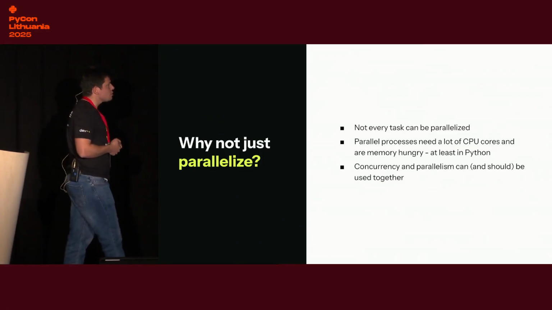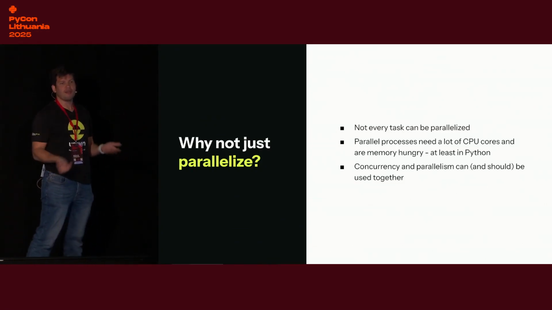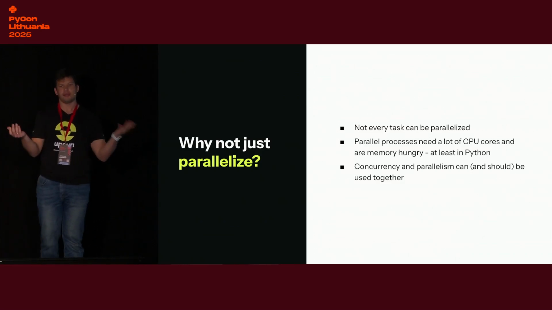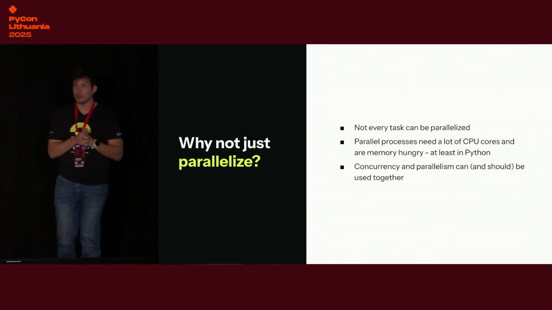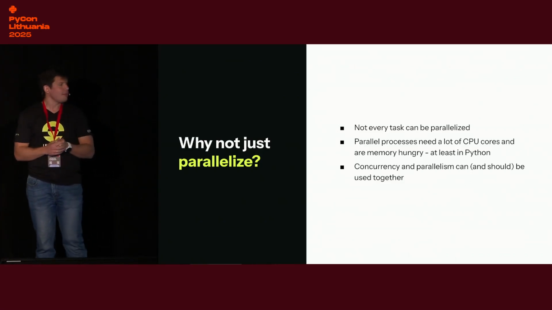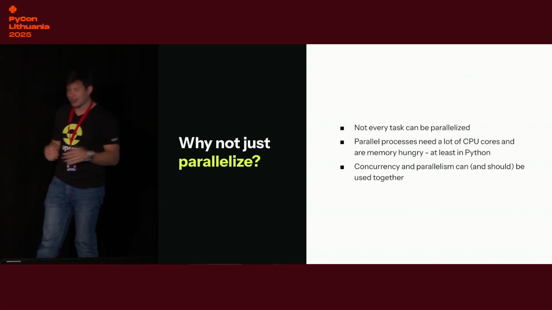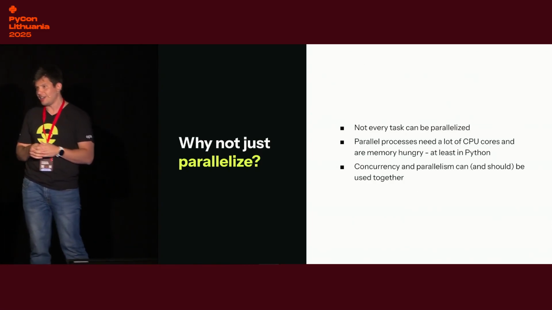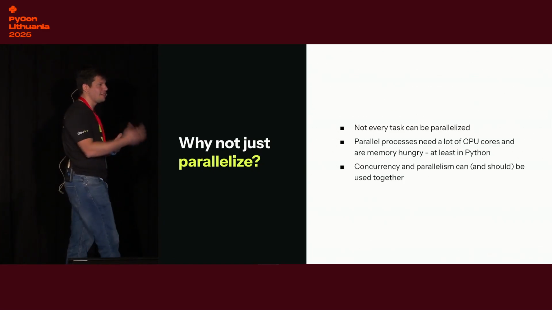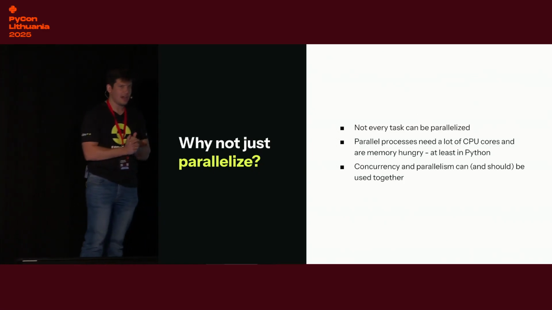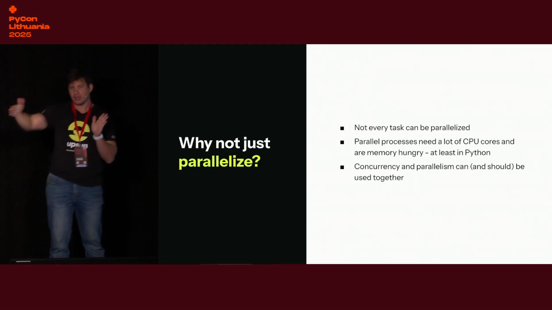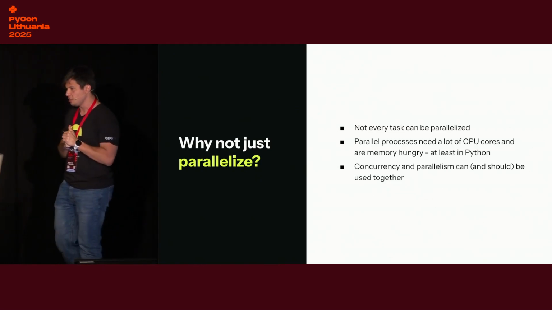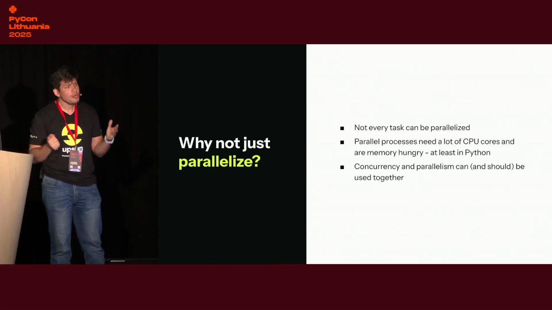The other thing is, of course, in order to have parallelism, we need to have multiple CPUs. You cannot run many things simultaneously with one CPU. I mean, we can, of course, but this is how the operating system works, and it has a lot of hardcore engineering in order to make this work. But again, our actual program is going to be run serially, not in parallel. And of course, we need a lot of memory.